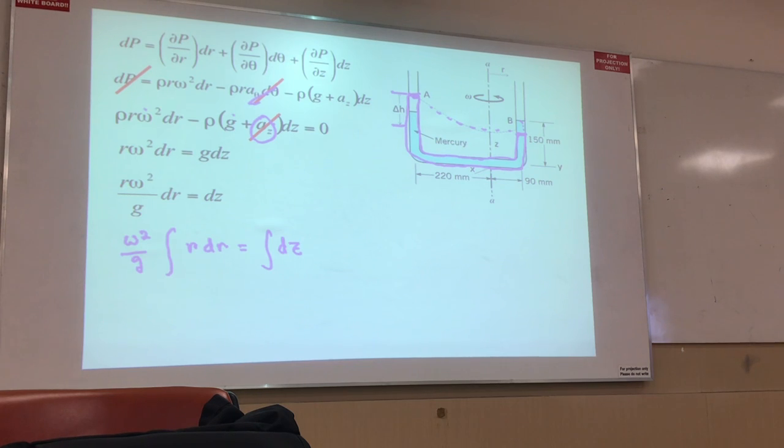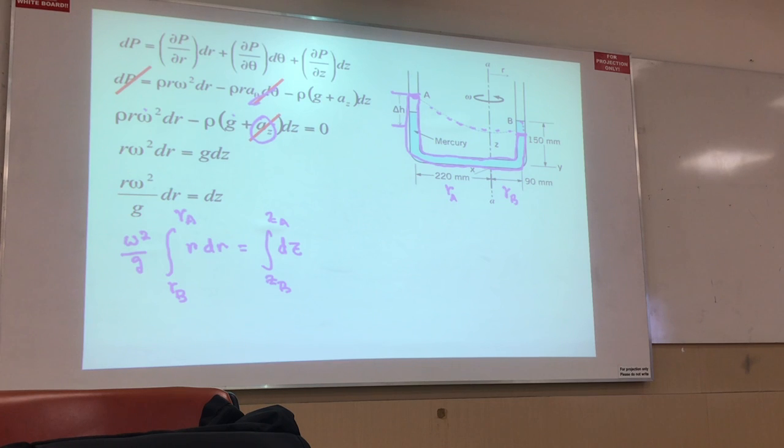For R, from here to here, I say RB to RA. And in the Z direction, ZA to ZB.